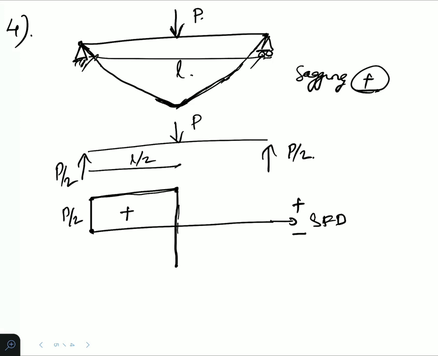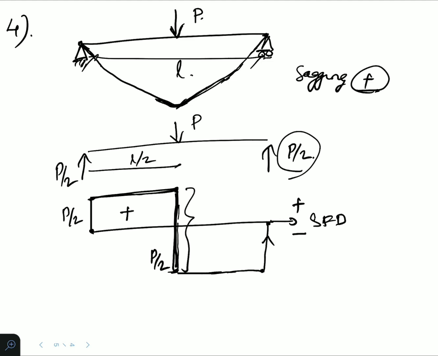The total force here is P, so the P by 2 is already here, and the other P by 2 should occur here in order to make the total value P. Then it moves like this. There is no other force to increase or decrease this value till it reaches here, where a P by 2 value will push it back to its original position.